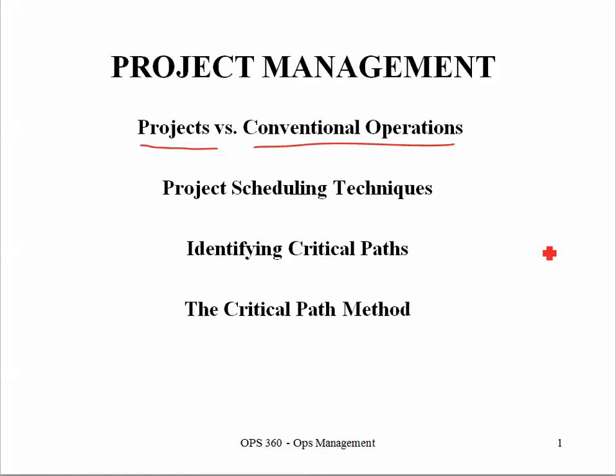So if we have a project which consists of a large set of tasks which need to be completed in a certain order, how do we go about determining how long it's actually going to take us to complete the project? And also, how do we determine what are the most critical tasks in that project? Tasks that if we delay on them, we will delay the completion of the entire project.